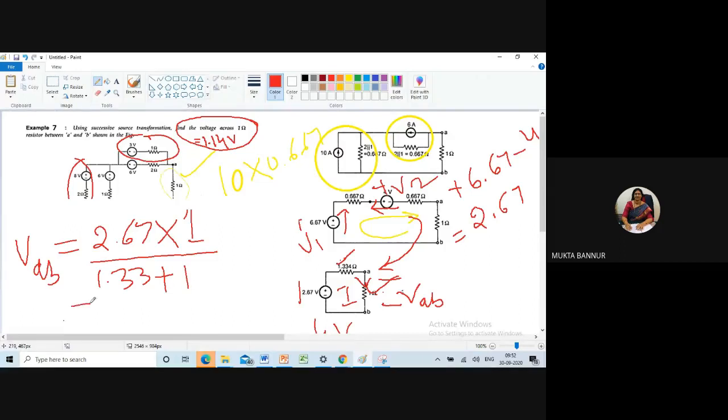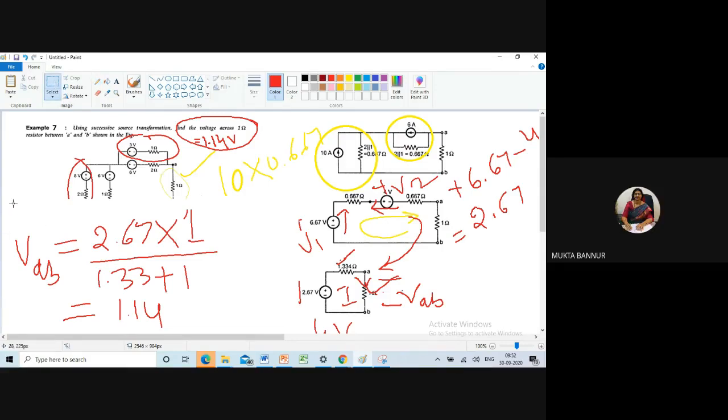What's the answer? 1.14. Same only. From this method also you have got the same answer. Okay, now you are thorough with the application of the voltage division rule, right? Lakshmi, yes, ma'am. Muskan. Okay.